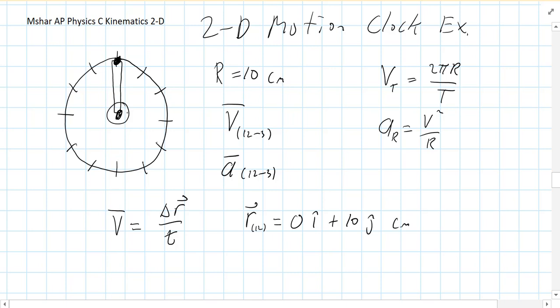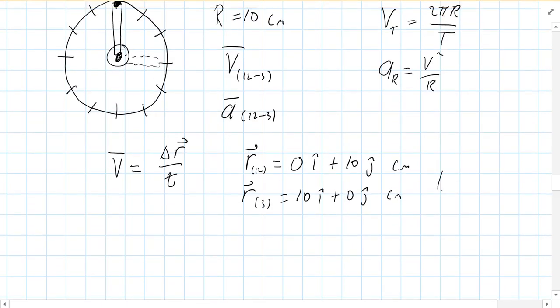And when the minute hand is at the 3 o'clock position, the position vector is 10 i hat plus 0 j hat centimeters. And again, how much time has elapsed? That is 15 minutes to get from the noon to the 3 o'clock position.